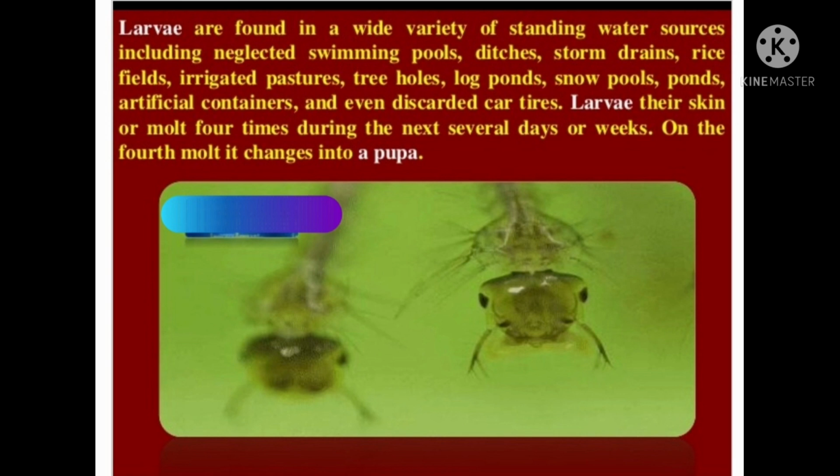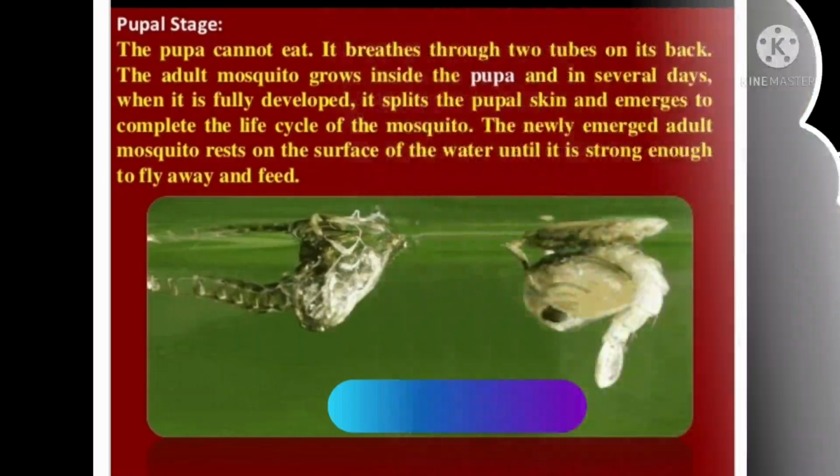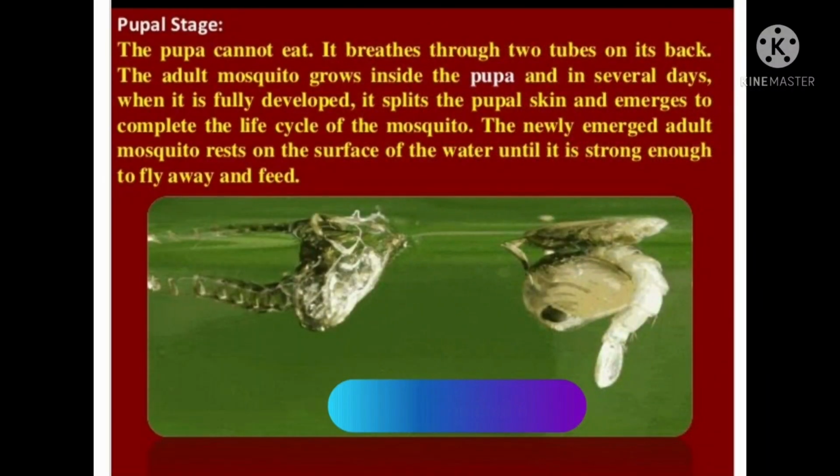Some may call it pupa or a pupa. So, after the 4th molt taking place properly, the larvae moves to its next stage, and the name of the next stage is pupa. Let us take a look into the next stage.